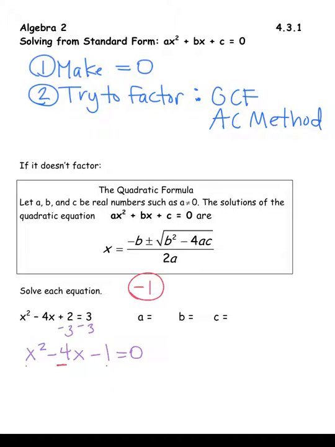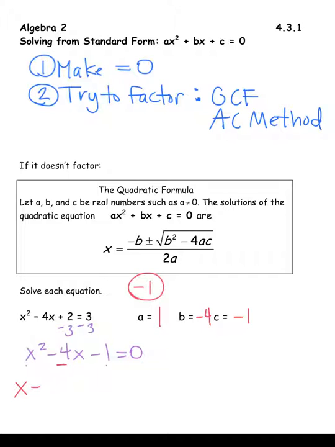Well, that's not going to work. So we switch gears to the quadratic formula. Our A is 1, our B is negative 4, and our C is negative 1. And then we plug things into the quadratic formula.